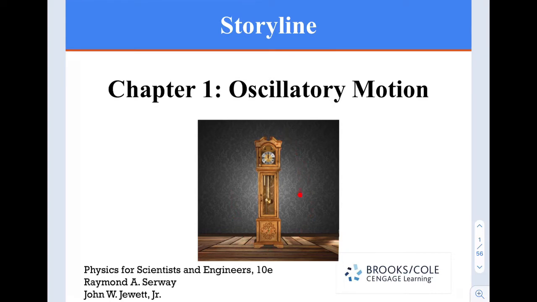So the grandfather clock uses the concept of a pendulum, whereby the time read out by us as the consumer is based on the time taken for the grandfather clock to make one complete oscillation, one complete swing.